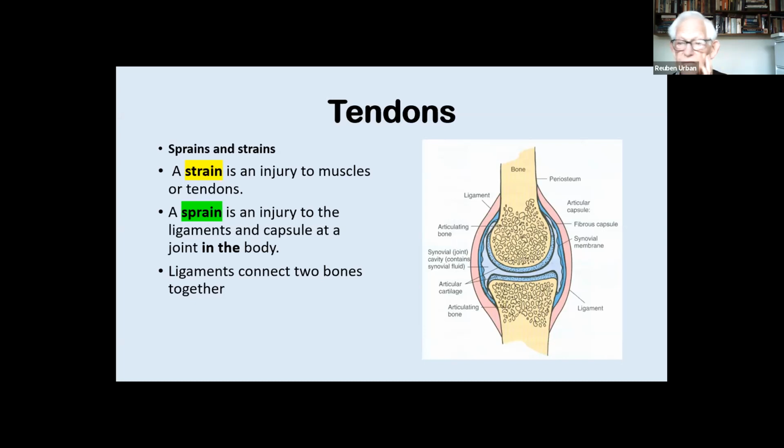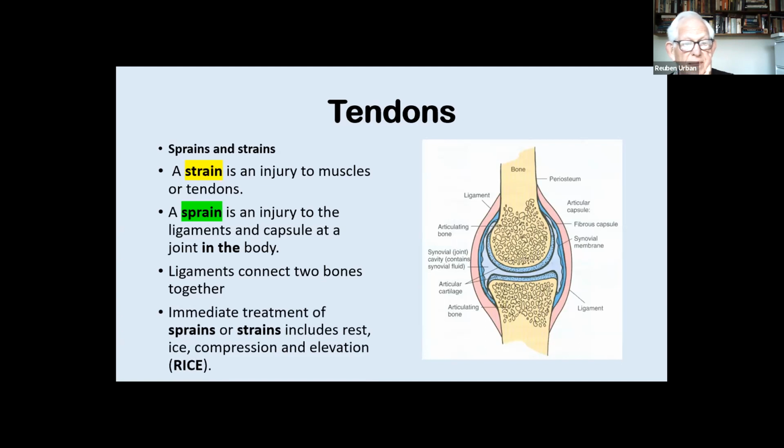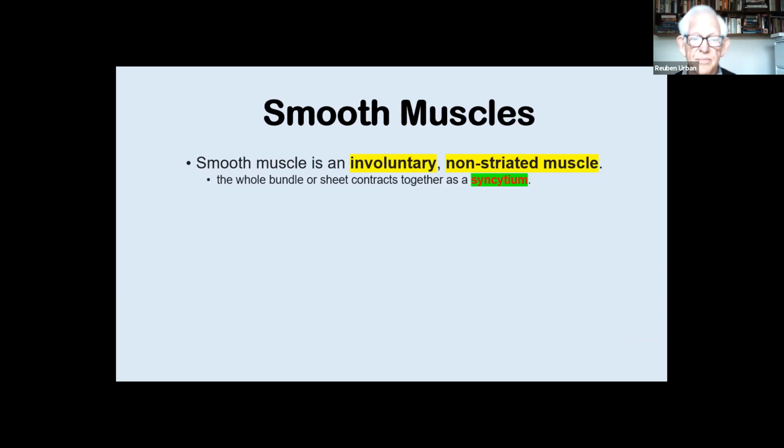That's evolution for you. Okay, and of course, if you do get a sprain, it's called RICE. Rest, ice it, compress it, compression and elevation to stop it getting swollen.